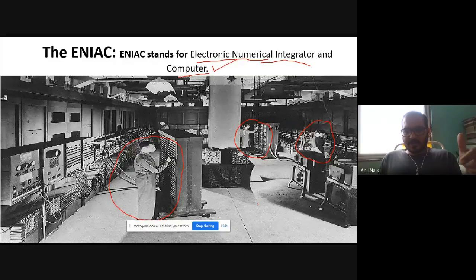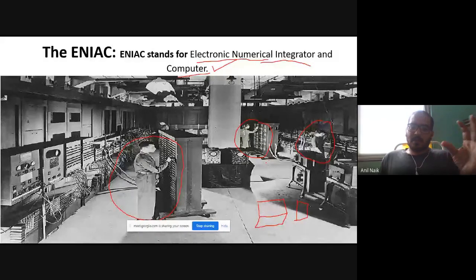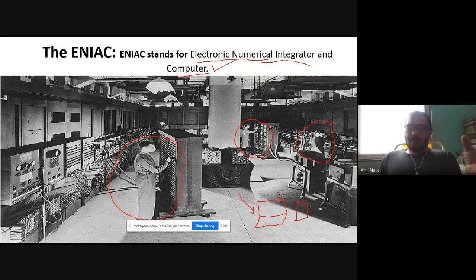Nowadays you people are using small laptops or small mobile devices. Just compare such a large computer to this laptop or mobile device, and see how technology has changed.